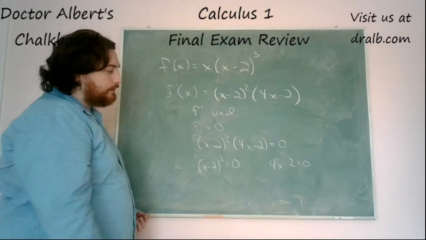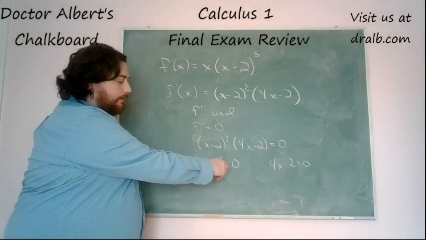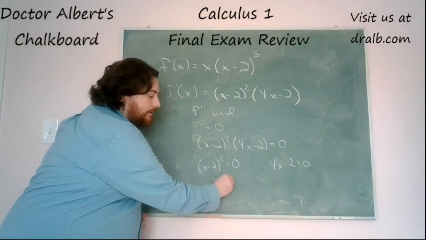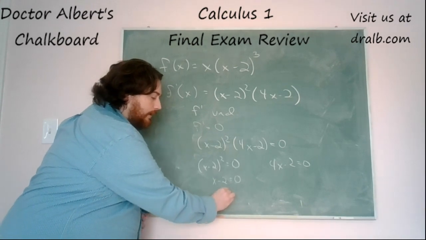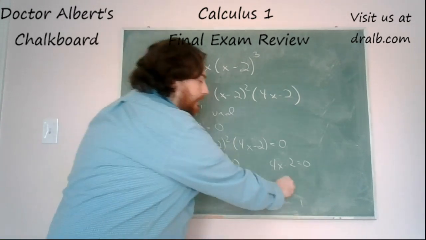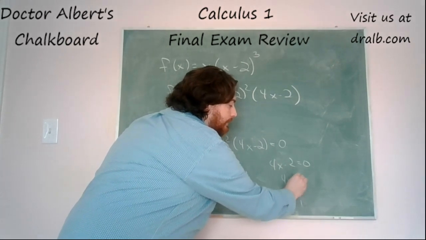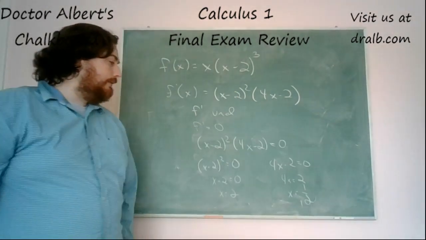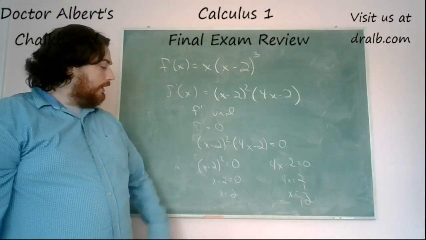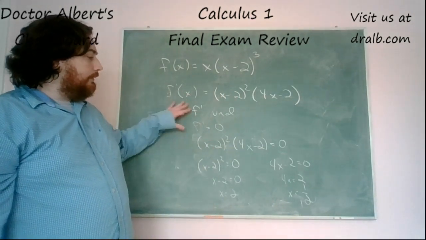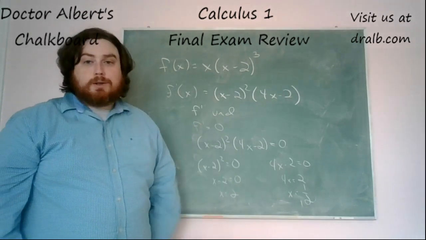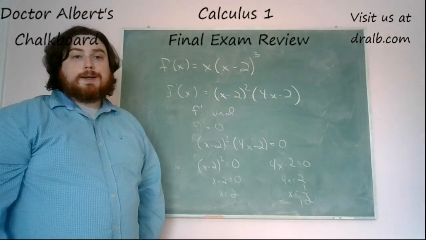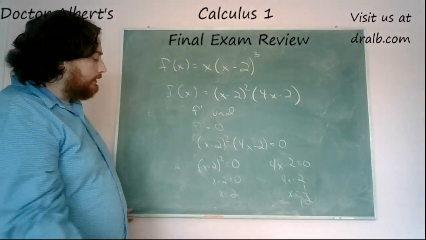If I solve these respectively, I would take the square root and get x minus 2 is 0, add 2 and get x is 2. And on this side, I would get 4x is 2, so x is 1/2, or 2/4 if you prefer. Either way is fine. And so what I get is my derivative is never undefined, and it's 0 at 2 and 1/2.